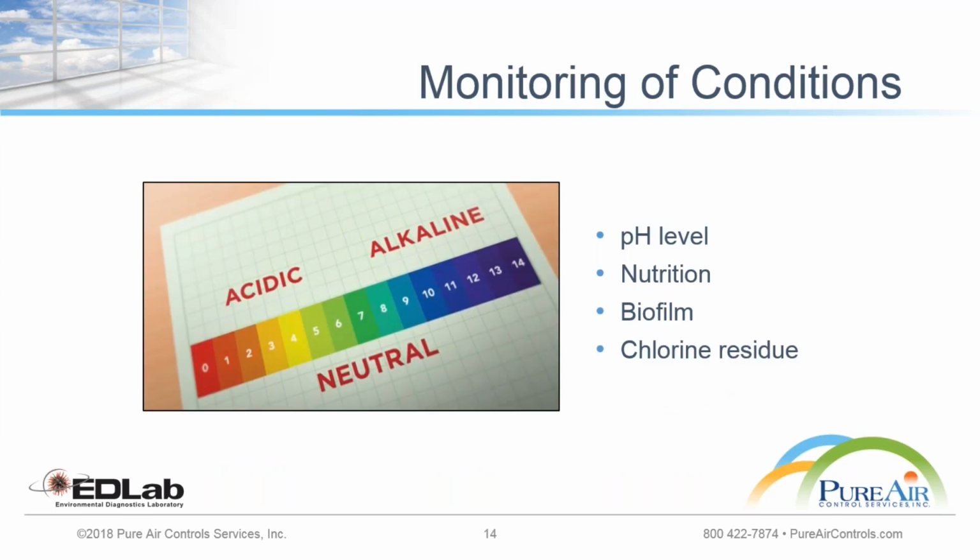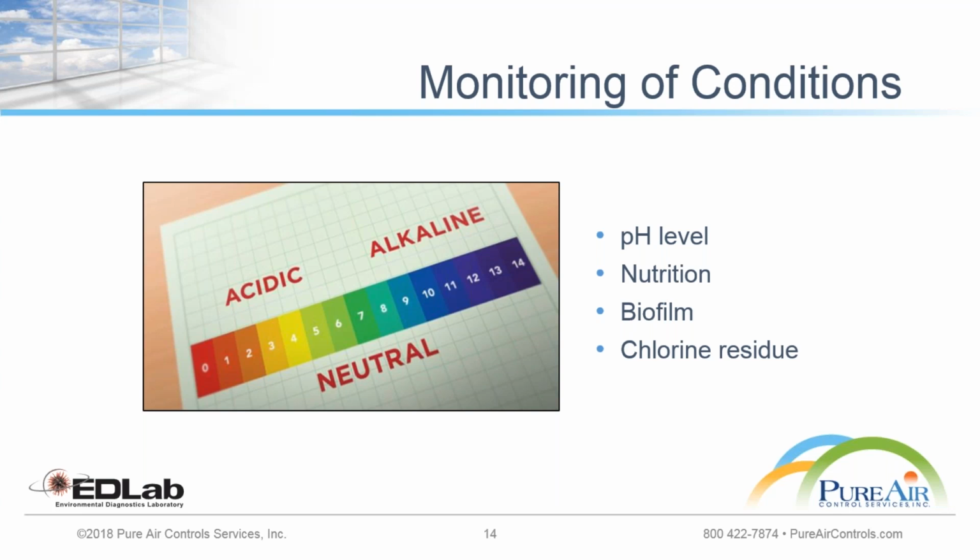What are some of the conditions that can contribute to Legionella growth? As you can see on this slide, water possesses a very complex ecological system. So it has tons of things.